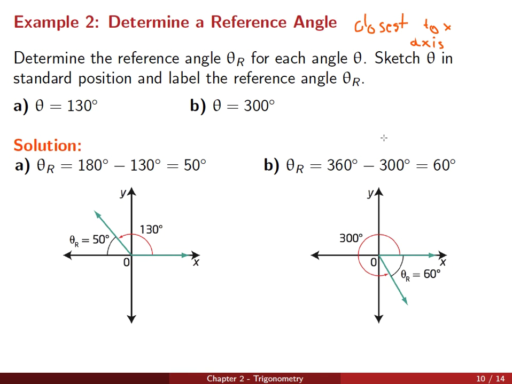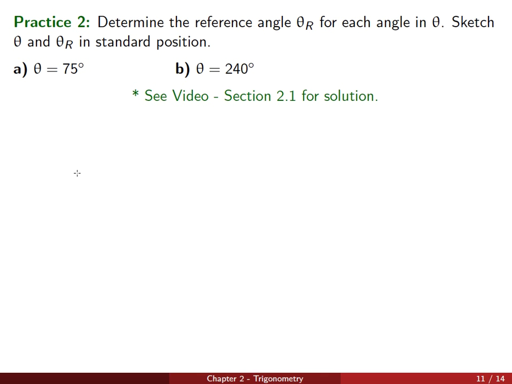That's what we're looking at. So when you look at the practice problems and you look at 75 degrees, if we draw our coordinate system, 75 degrees is roughly here.